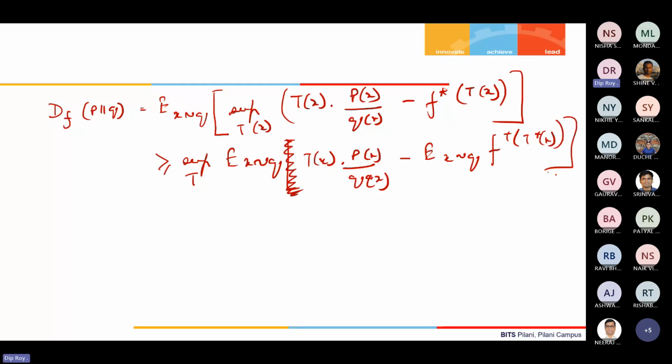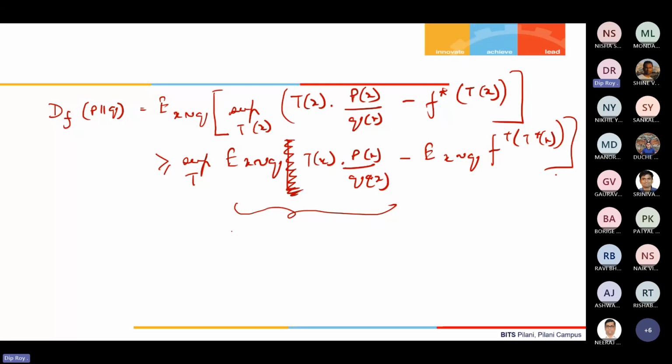Now, what happens here? Let's concentrate on this particular part first. This particular part can be rewritten like this. This is an expectation of x over q.